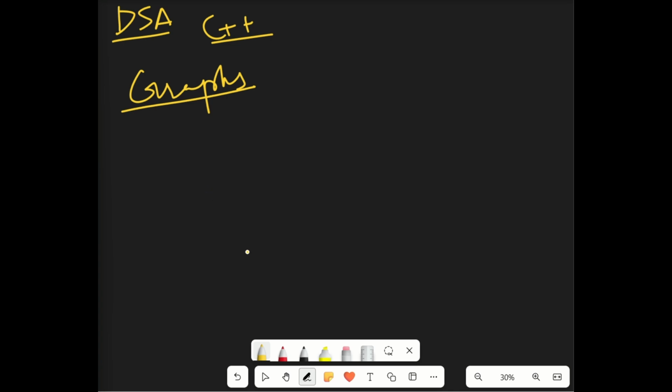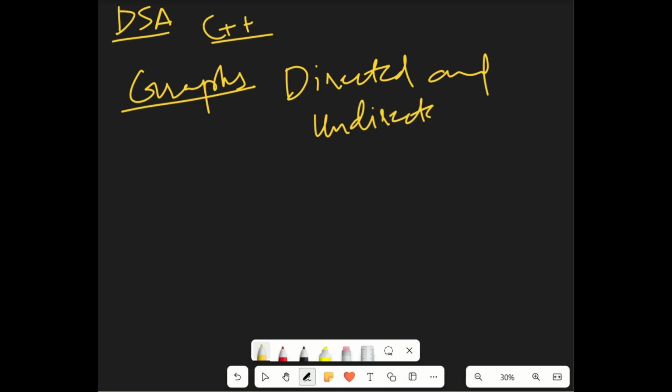We have a directed graph and an undirected graph, where the direction of the edges matters or not. Okay.